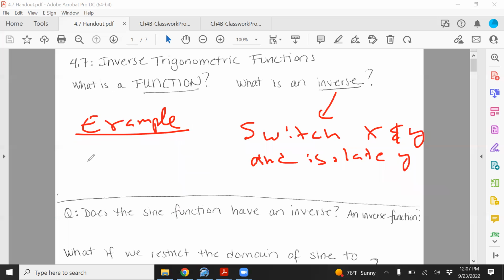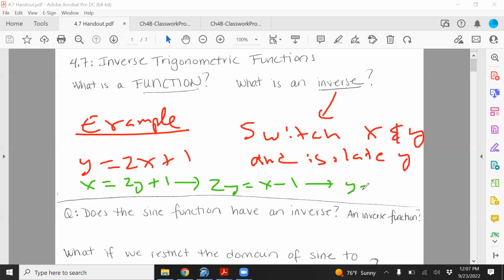What if you have y equals 2x plus 1? We switch x and y, what do you get? x equals 2y plus 1. And if you isolate y, you get y equals (x minus 1) over 2.